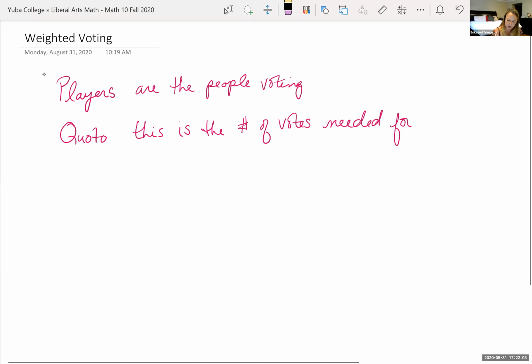So for a motion to pass. Weights: we talk about weights as how much weight that person has while they're voting, so the voting power of a player.